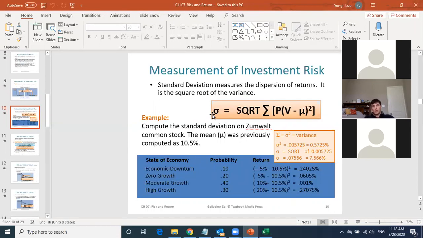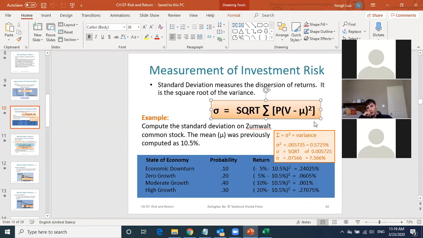You see this delta is a measure of the standard deviation. And this is how you calculate the variance. The variance is the return minus the mean we just calculated, and you square that, and then you multiply by the probability, and you sum them up, and you take the square root.